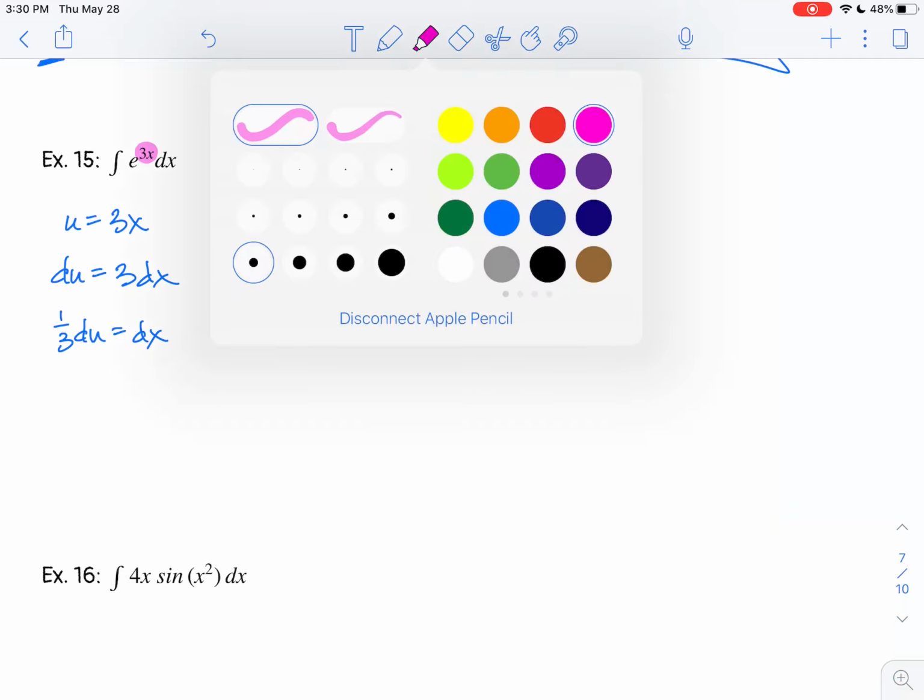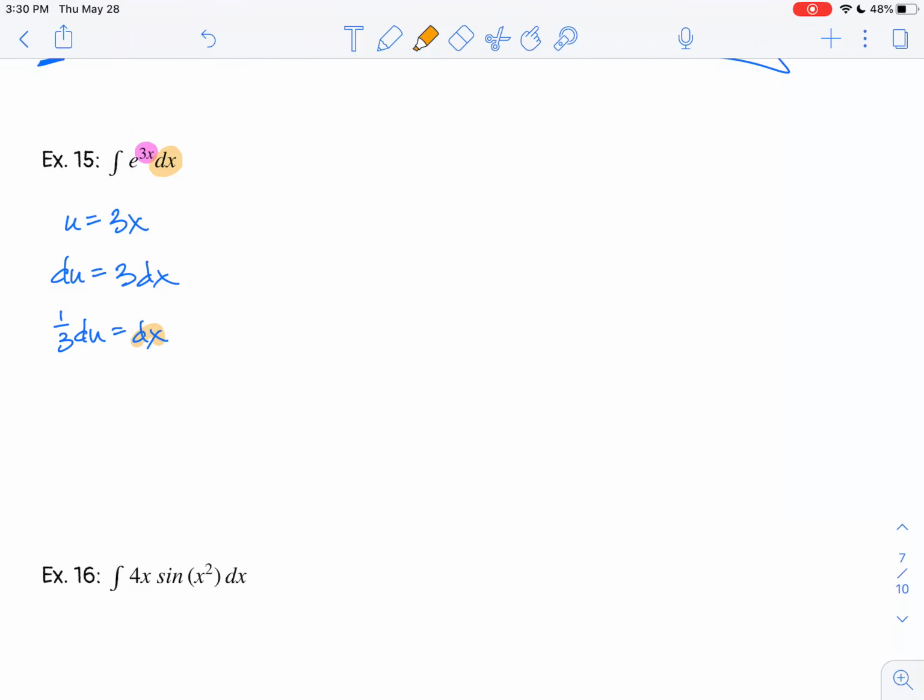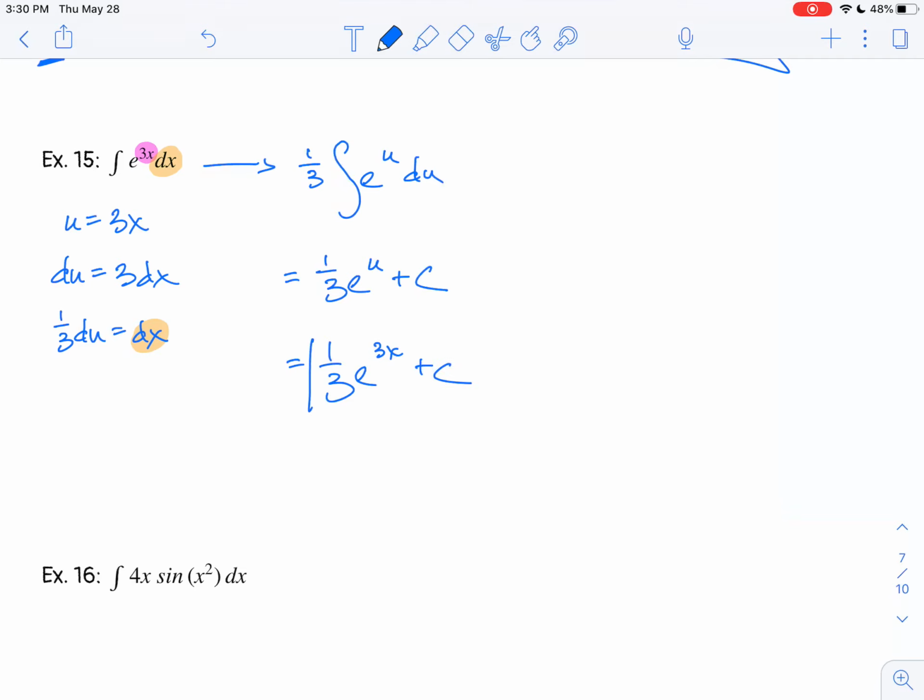Okay? Because I only have to match my dx here. So I get 1/3 the integral of e to the u du, and the integral of e to the u is just e to the u. So I get 1/3 e to the 3x plus c.